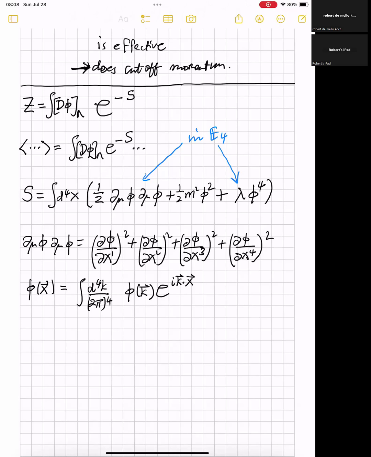Let me just make one comment that sometimes people have been asking me about. When you look at these fields, φ(x) and φ(k), these are, of course, not the same function. φ(x) is one function, φ(k) is a different function. It's the Fourier transform of φ(x). So why do I use the same symbol for the two, even though they're different functions?